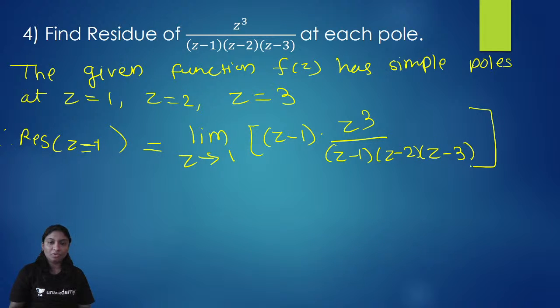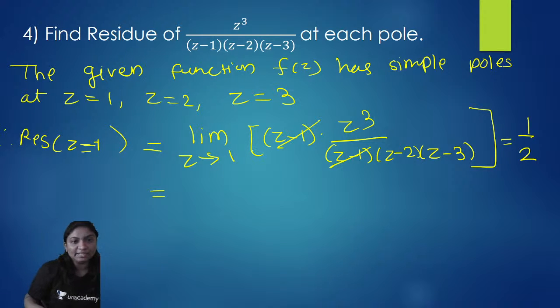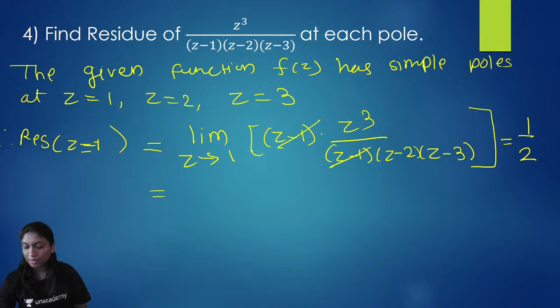So put z = 1, and you will get the residue for that point: 1 upon (1 minus 2) is minus 1 and (1 minus 3) is minus 2, so minus 1 into minus 2 is plus 2. So the residue for this point is 1 by 2. I hope you are clear, it's a very simple example.